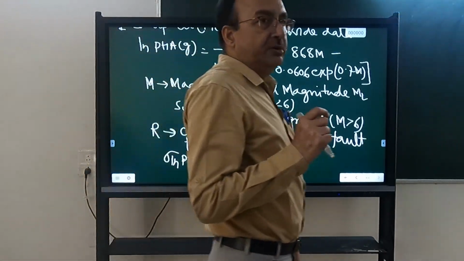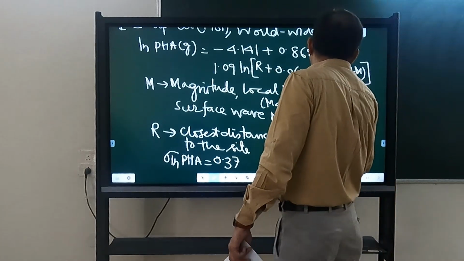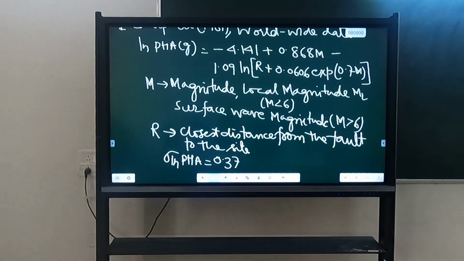Then coordinates are given, so you can calculate the shortest distance. And then you can calculate using this relationship. You can calculate PHA. What is PHA? Peak horizontal acceleration. This is nothing but EPGA.